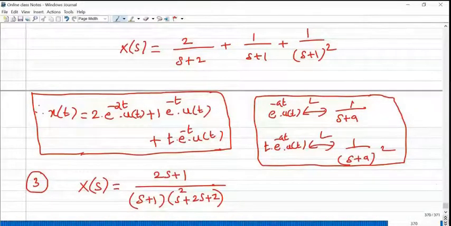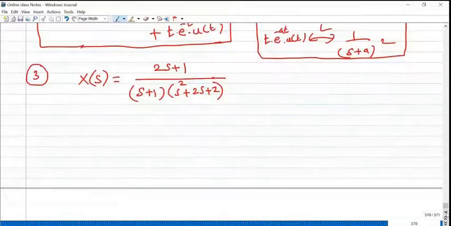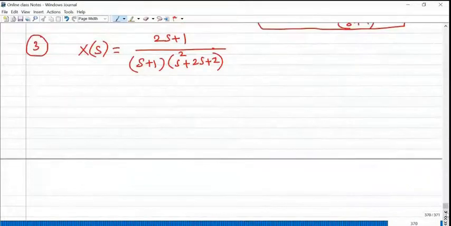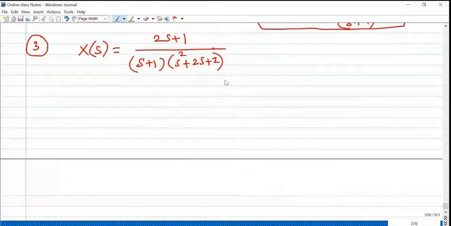Third one, as² + bs + c form. The (s + 1) term is there, and s² + 2s + 2. Then how to do the factorization? s² + 2s + 2, you cannot write it as (s + 1) whole square, correct?